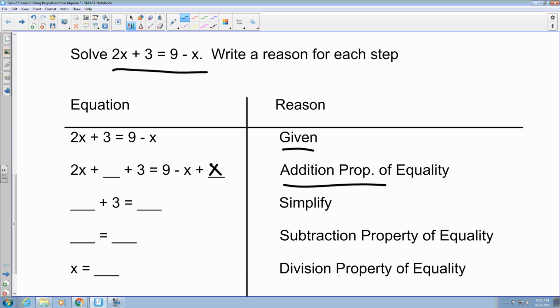Since I do it to the right-hand side, I must do it to the left-hand side. Adding x to both sides cancels them out on the right, and then we combine like terms on the left, which puts us at 3x plus 3 equals 9. That's just from simplifying or combining like terms.